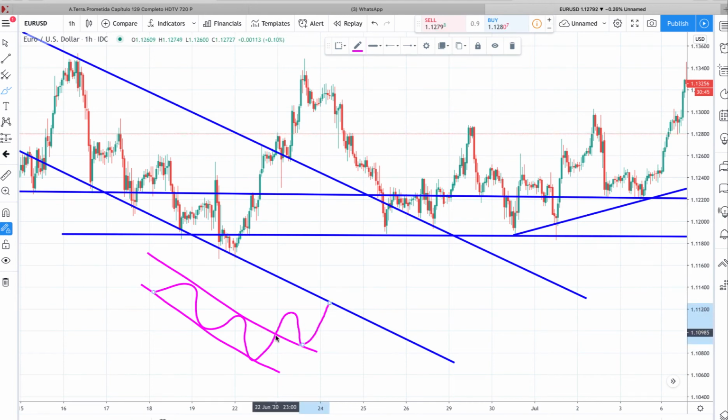So the idea is, the market breaks this first level here, starts pushing up until it reaches this previous high. You will see a rejection here, coming back down, and then another rejection here, and then moving towards the upside. Usually that's what the market does. And this is pretty much what happened here, but a little bit slower.